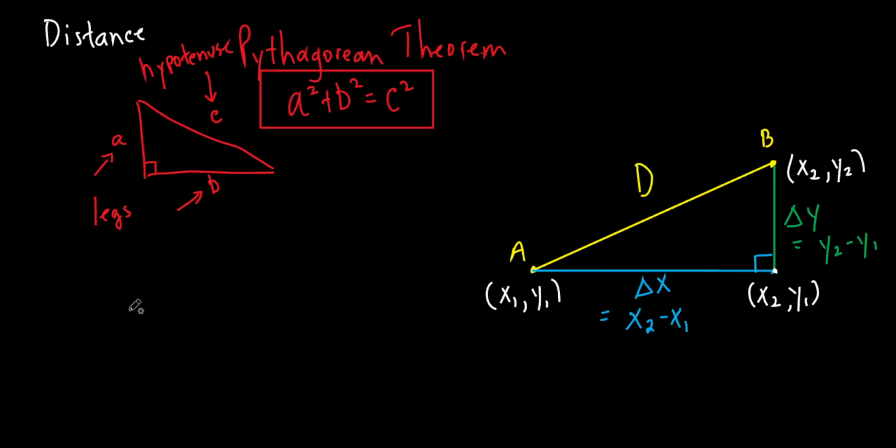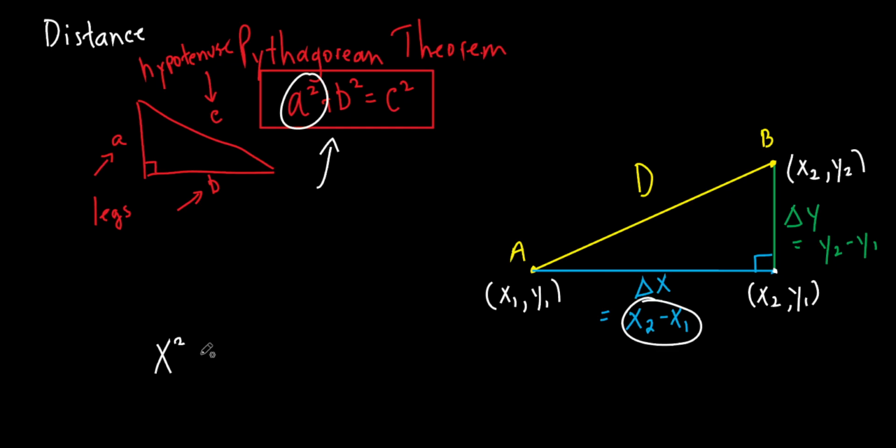So what are we going to do? We're going to go x squared. Let's do this in a different color. Let's go neutral. Let's go white. So watch. What I'm going to do is I'm going a squared. What's the a in this situation? Well, it's x2 minus x1, okay? So watch what I'm going to do.